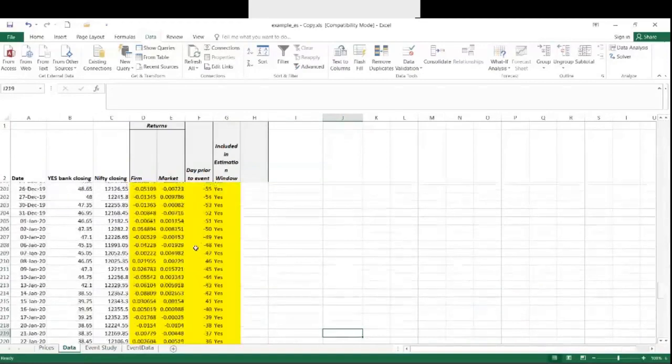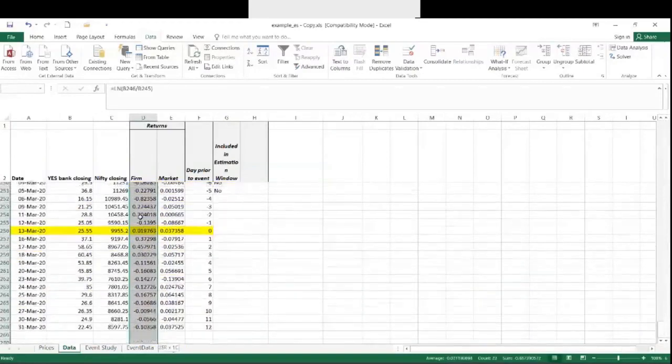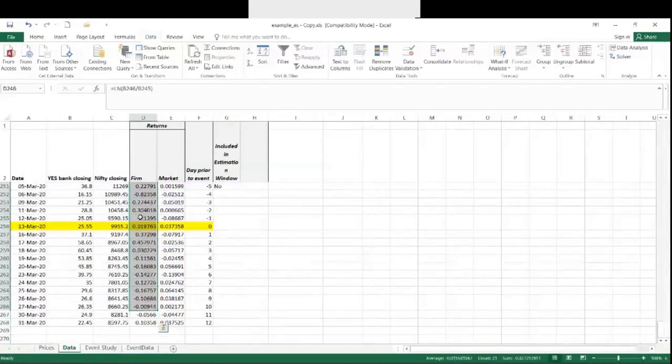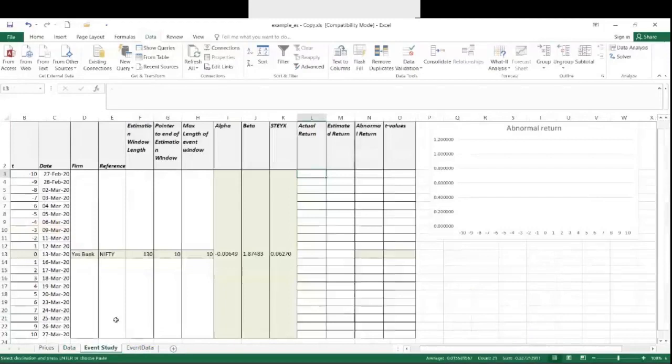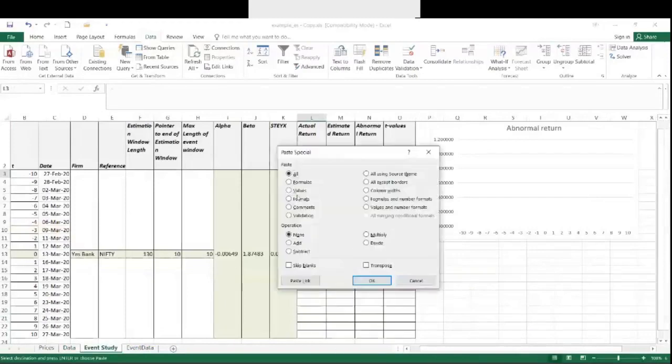So the estimation window essentially helps us to define a normal performance. So this is essentially minus 10 to plus 10. I'm just going to pick up these values. Just paste special because I have a formula over there, so just values, right?